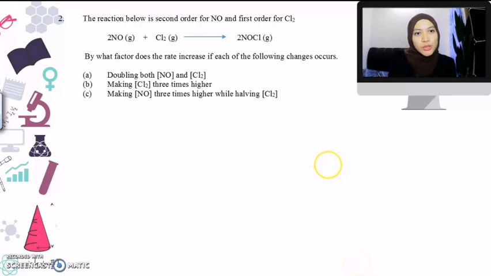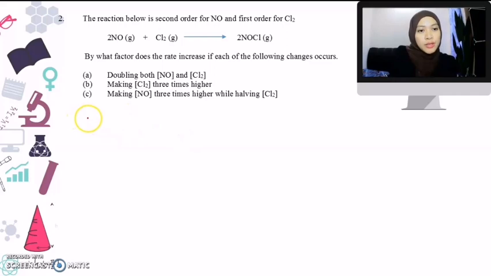Okay, next I want to show you how to answer question number 2. Given to you the equation, and it is already stated that it is second order for NO and first order for Cl2. The question asks: by what factor does the rate of reaction increase if each of the following changes occur. First thing you have to do is write the rate law.